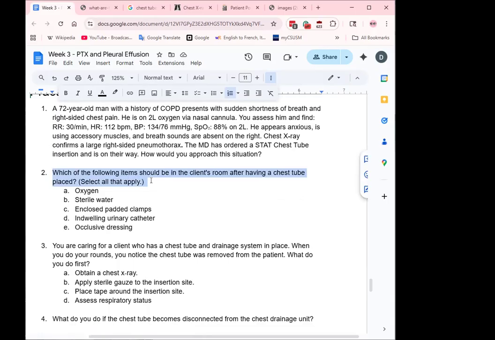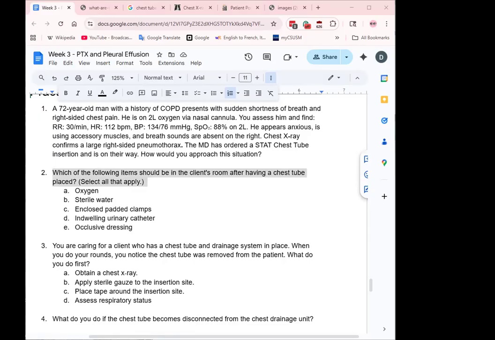Anyways, this one we just directly talked about, but which of the following items would be in the client's room after having a chest tube placed? Select all that apply. Yeah, A, B, C, E. Everything except the catheter.